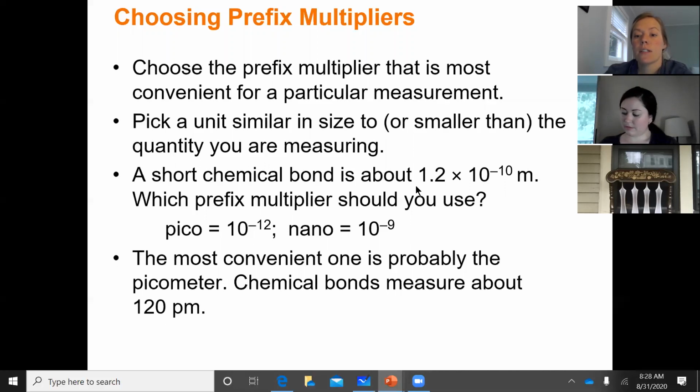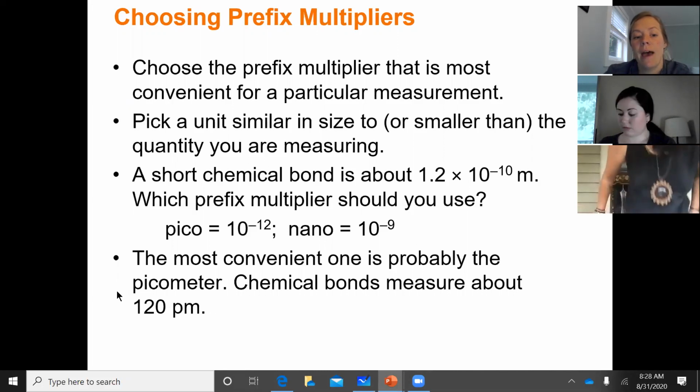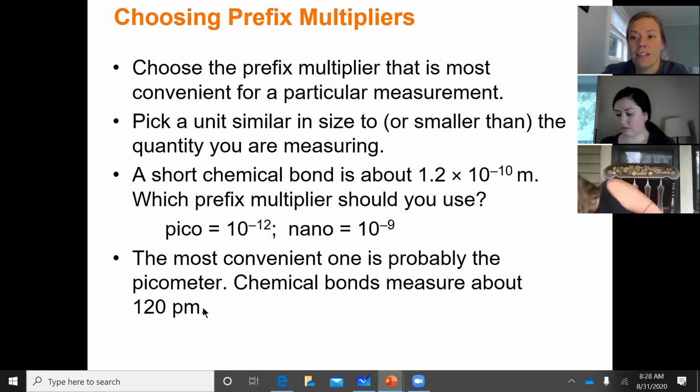When I convert this into picometers, which again I'm not going to have you do on an exam, but you may find it in the homework, I end up getting 120 picometers. That number is much easier to wrap my mouth around than 1.2 times 10 to the negative 10 meters. It's also helpful if, say, you know the length of a carbon atom is 44 picometers, then you have something to relate it to, as opposed to this, which is random and arbitrary.